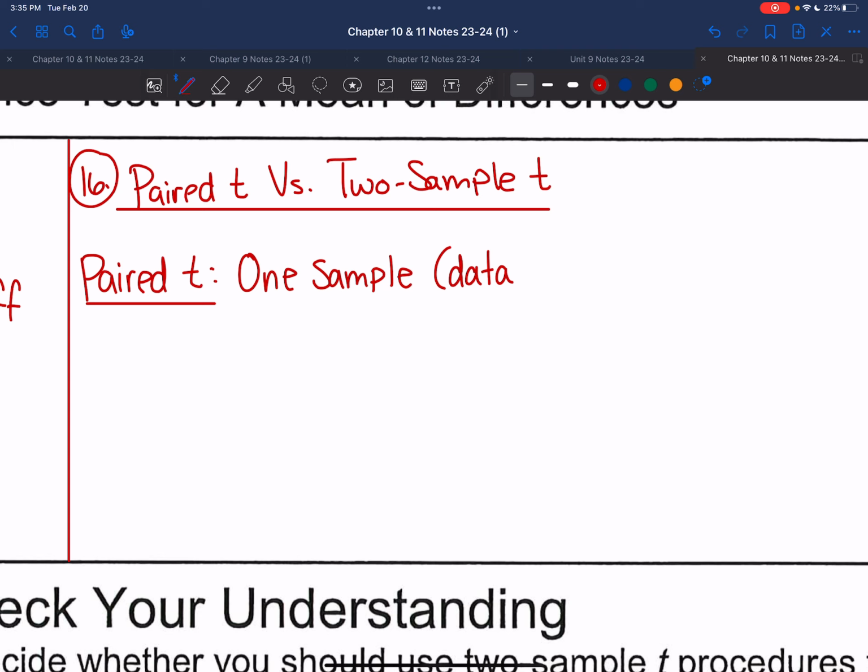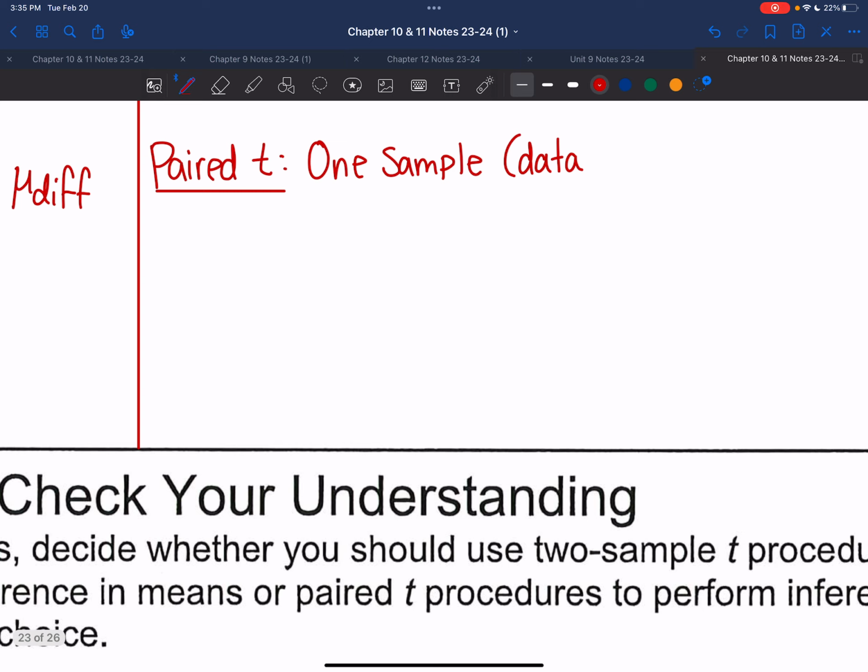So you have one sample. Something else is it's the mean of the differences. In other words, it's mu sub diff.